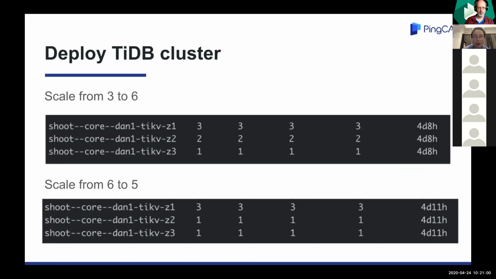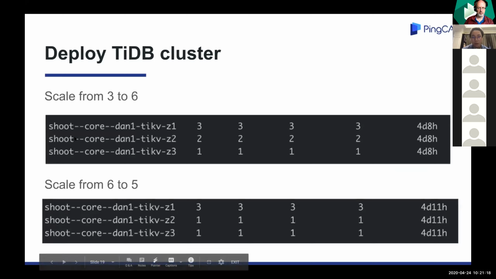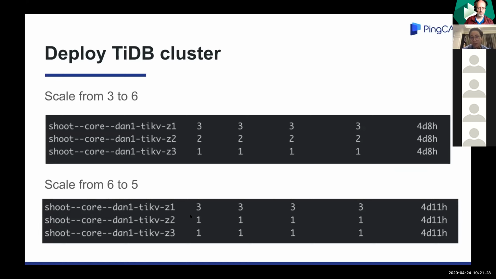Let me explain why we choose to create a worker group per available zone. At first, we tried to create a worker group per region across three available zones. But when we scaled out and scaled in the worker group, we witnessed that the machines in different available zones may be uneven.